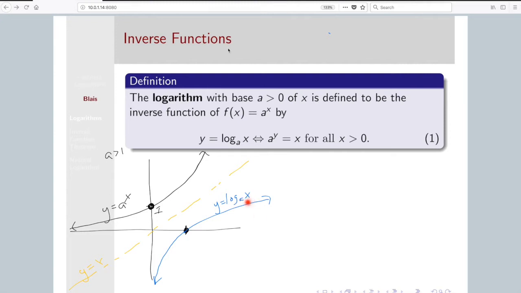So this would be log base a of x. And because they are inverse functions, what this means is that they undo one another. So log base a of a to the x is x.